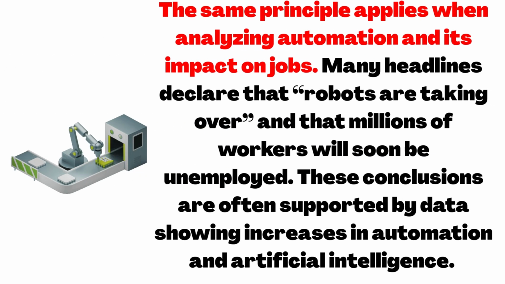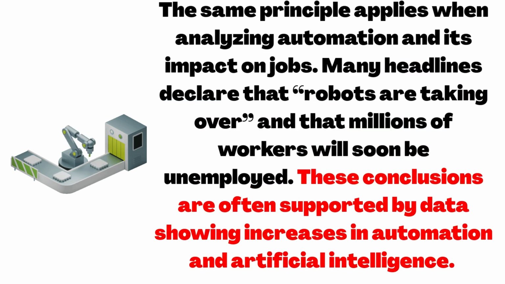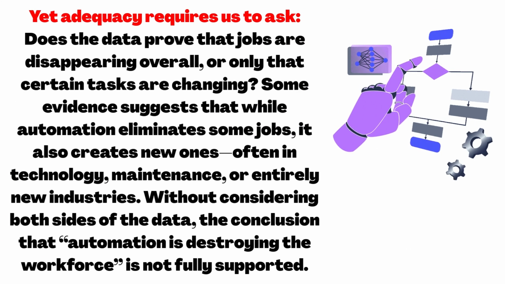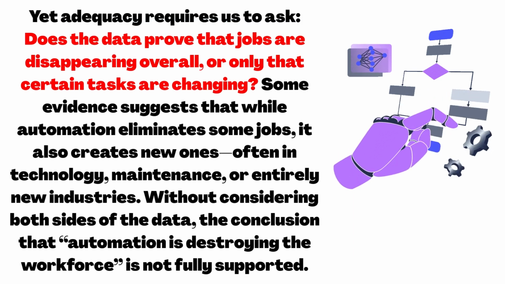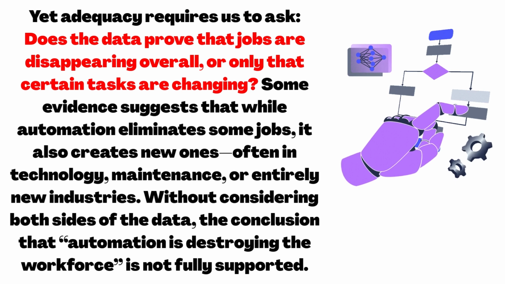The same principle applies when analyzing automation and its impact on jobs. Many headlines declare that robots are taking over and that millions of workers will soon be unemployed. These conclusions are often supported by data showing increases in automation and artificial intelligence. Yet adequacy requires us to ask, does the data prove that jobs are disappearing overall, or only that certain tasks are changing?